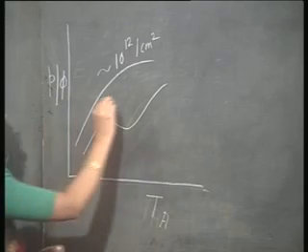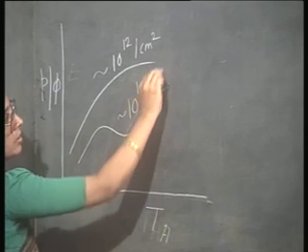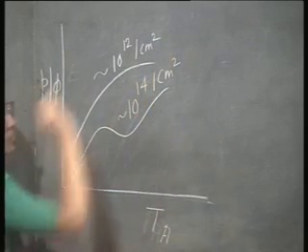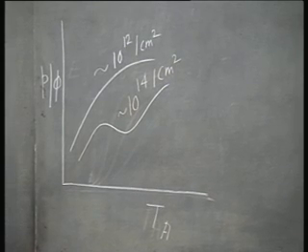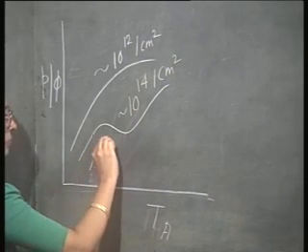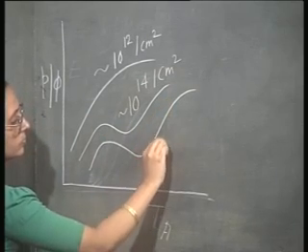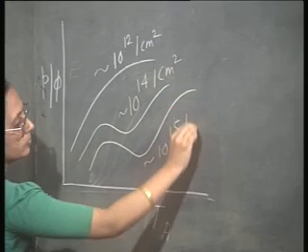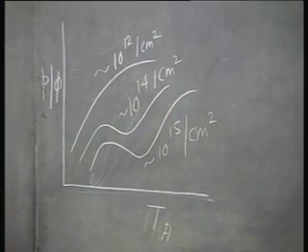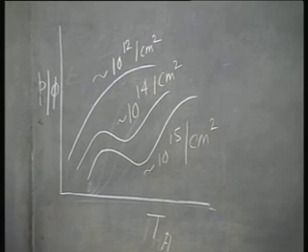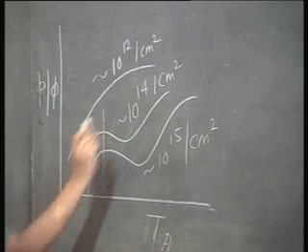This is happening for around 10 power 14 per centimeter square. If I go to a still higher dose, I can divide this anomalous curve into 3 regions.